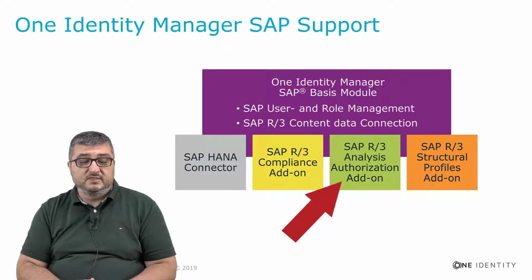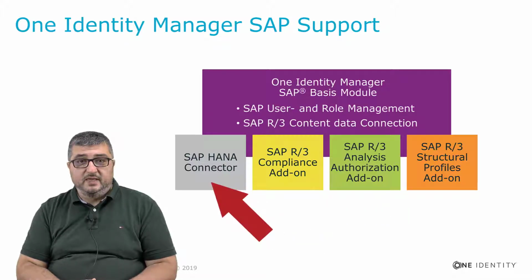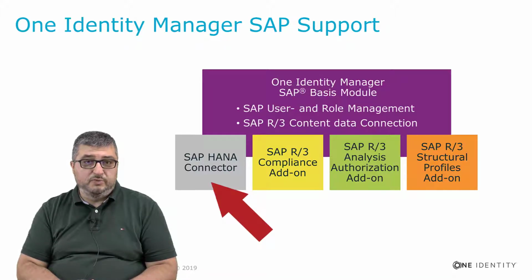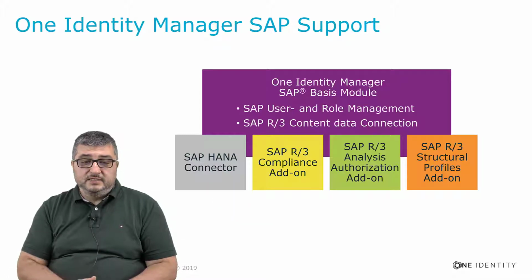The SAP R3 Analysis Authorization add-on is responsible for synchronizing BI analysis data, and the SAP R3 Structural Profiles add-on is for the SAP HR structural profiles, which are specific permissions in the SAP HR module. Additionally, we also have the SAP HANA connector, which is not directly a component of the SAP connector, but is a component that is part of the One Identity Manager suite to support SAP systems in a customer environment.